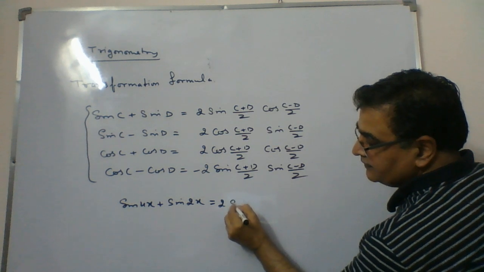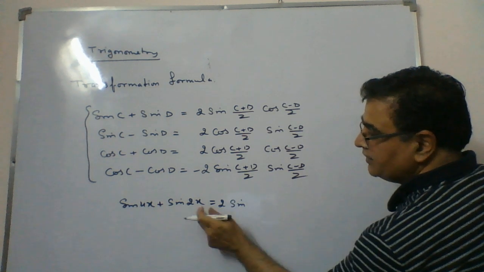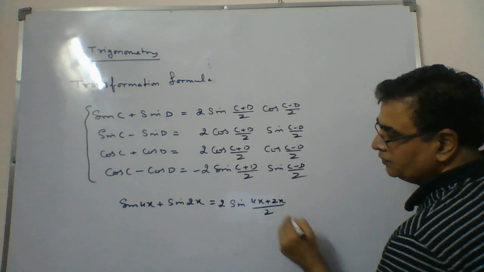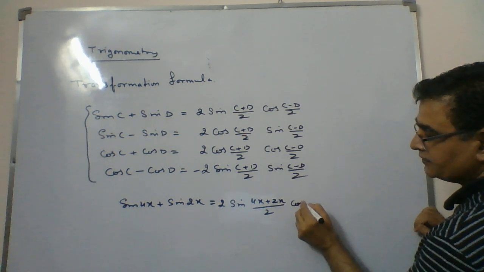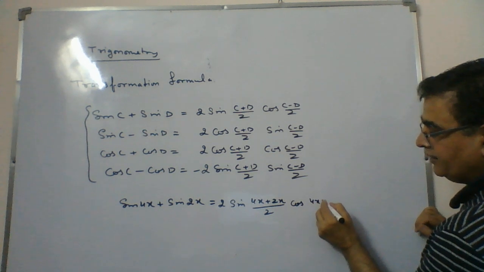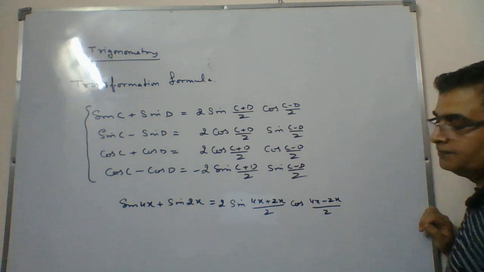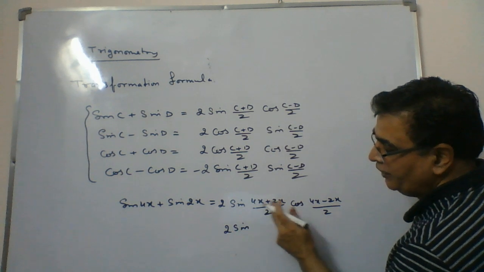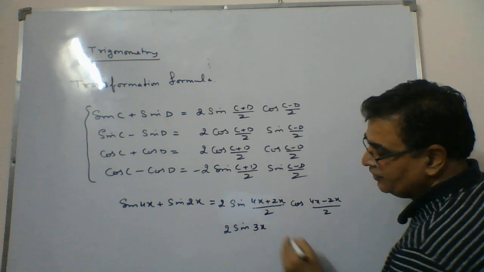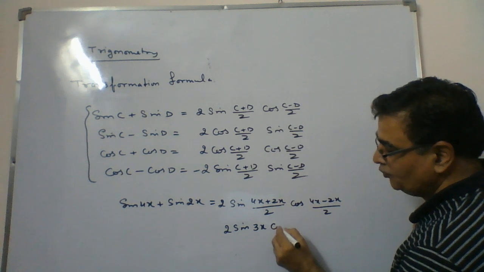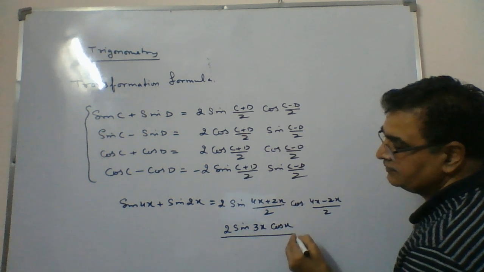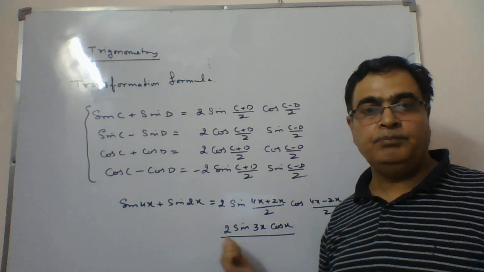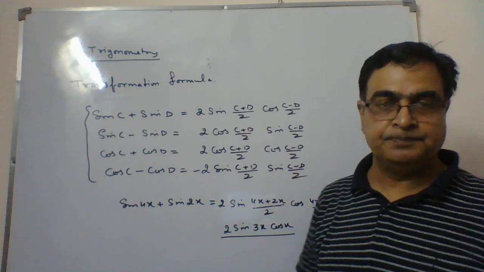Twice sine of this plus this by 2, so (4x plus 2x)/2, then cos of (4x minus 2x)/2. When you solve it, it will come 2 sine; 4 and 2 is 6, 6 by 2 is 3x, and cos of x. So we have converted this plus form into multiplication form.